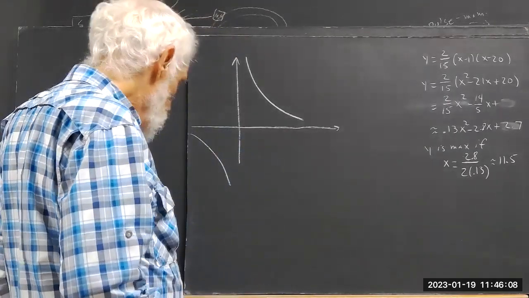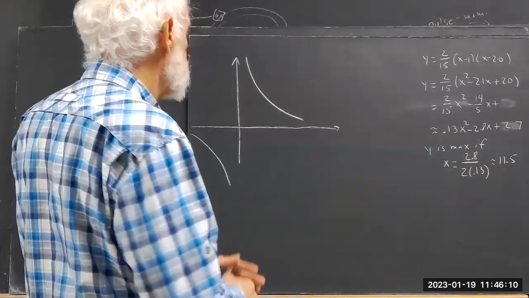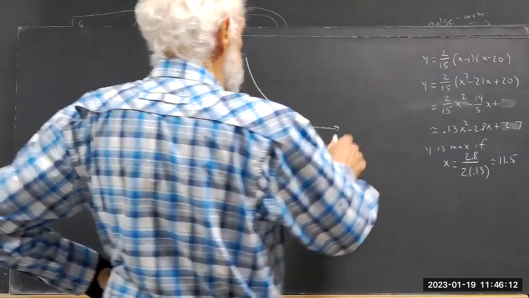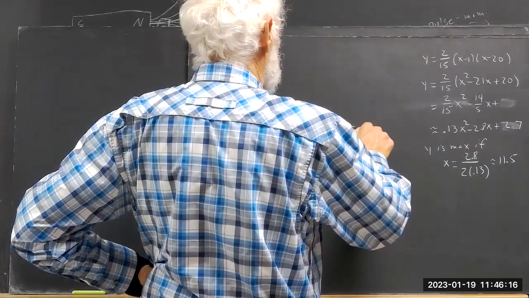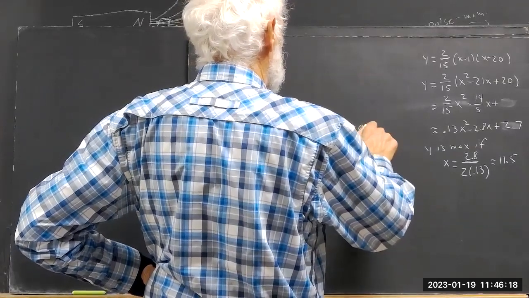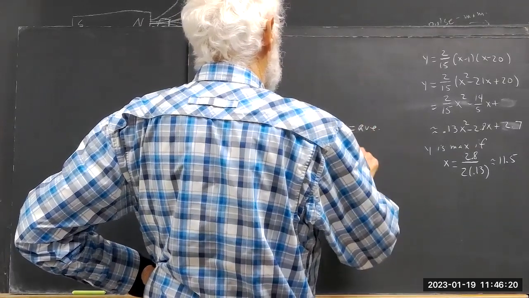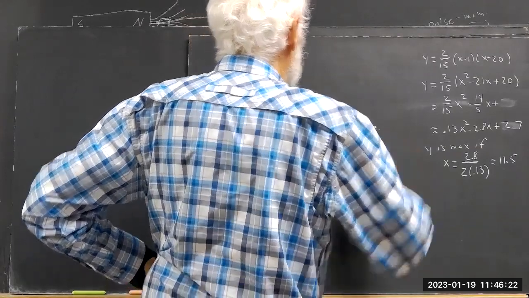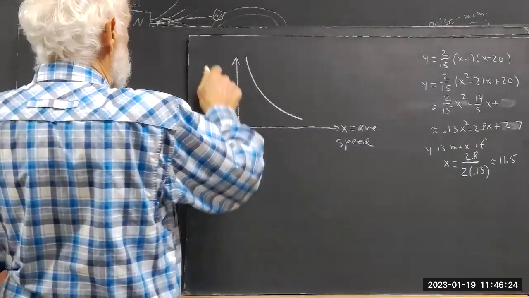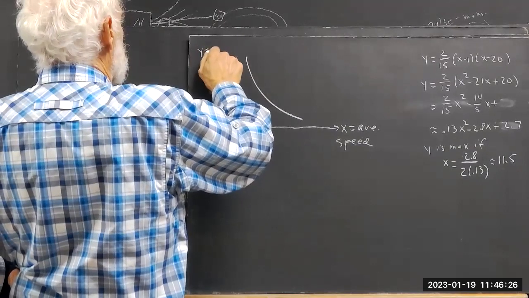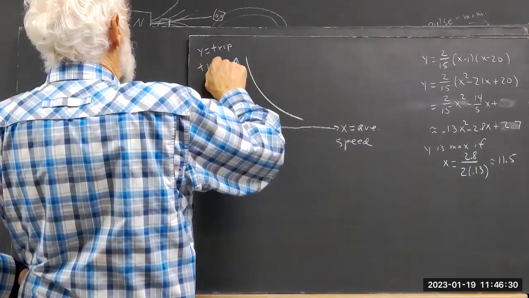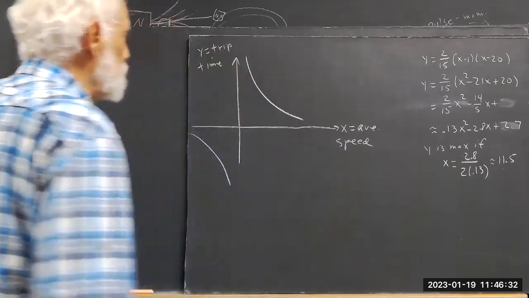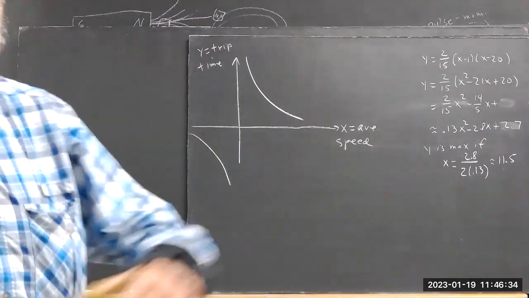I'm going to ask you to do that graph. In this graph, x equals average speed, and y equals the time it takes to make some trip up the road.